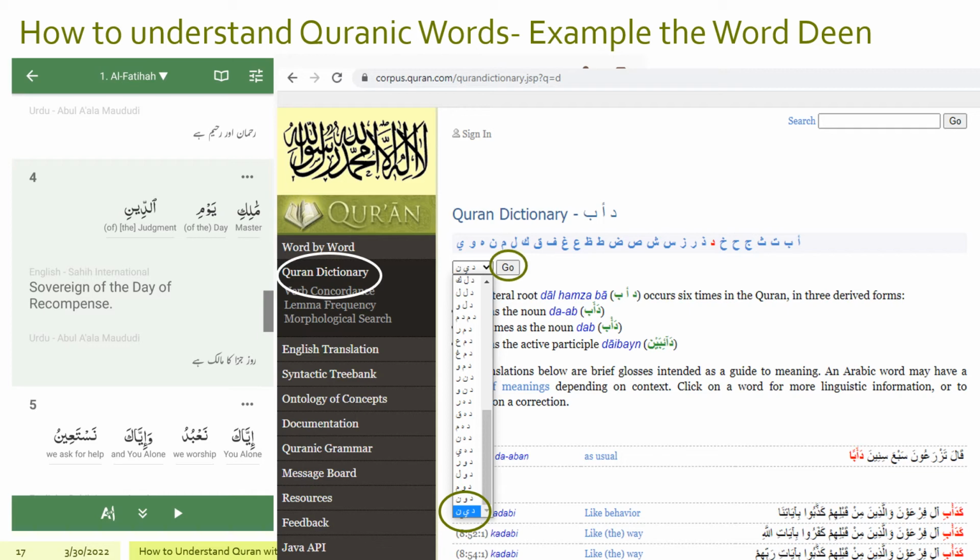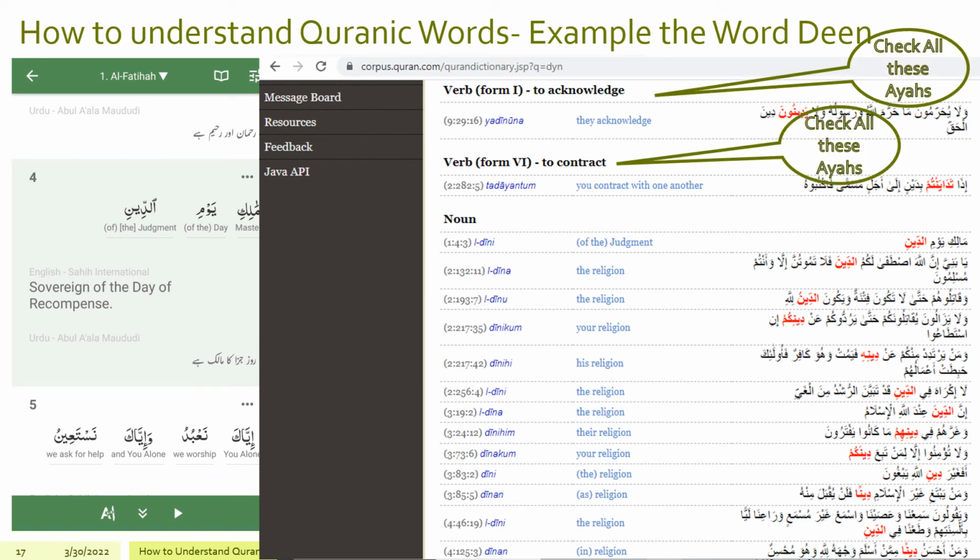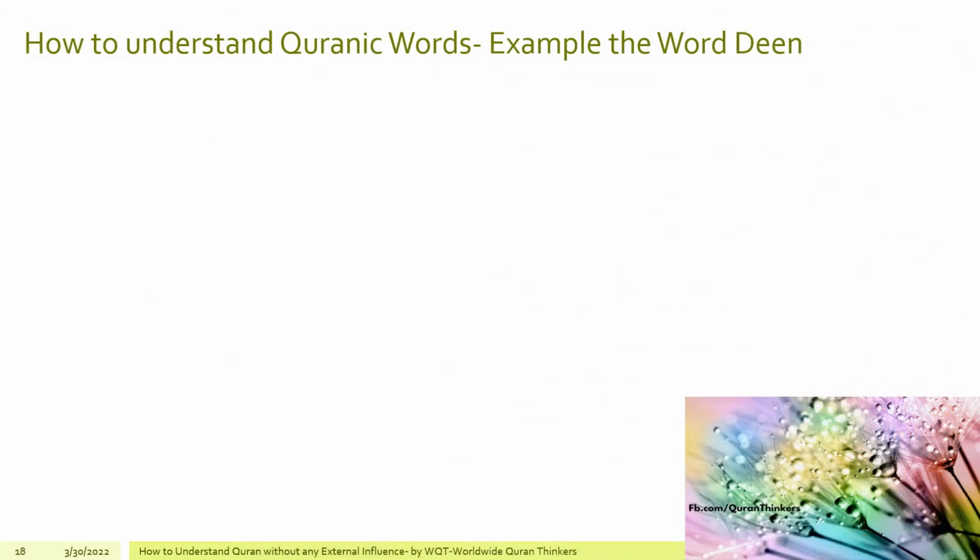When you click the word go, it will give you all the ayahs in different forms with the use of the word deen. We have to check each and every ayah that comes under all of these different forms. Based on this process, the word deen is used in 4 different groups of meaning.